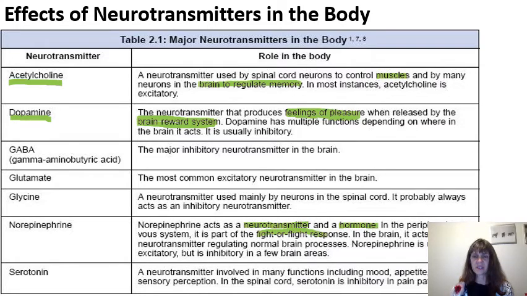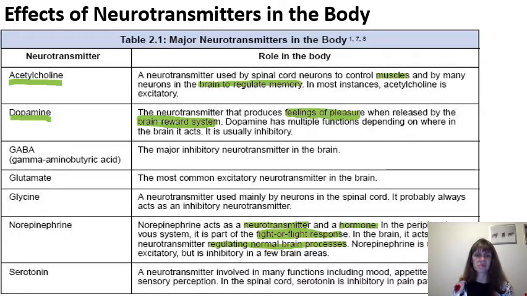It's also used in the brain as a neurotransmitter that helps to regulate normal processes within the brain. We've already seen examples of how the receptors on different types of organs can either respond to norepinephrine in an excitatory fashion or an inhibitory fashion.